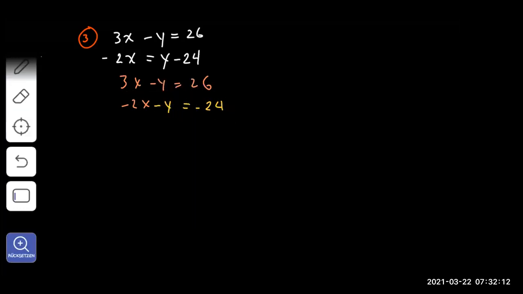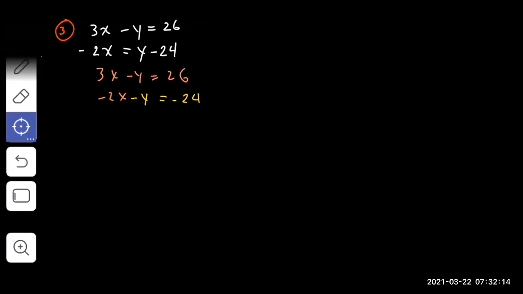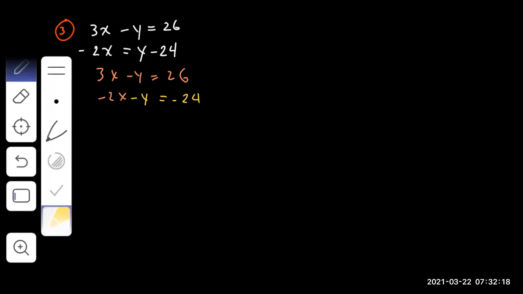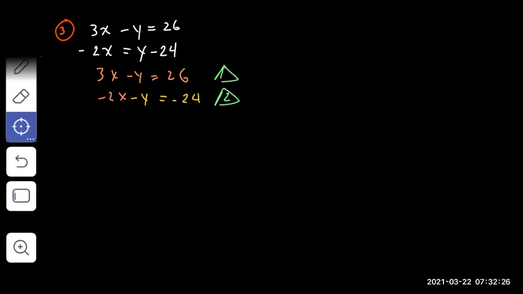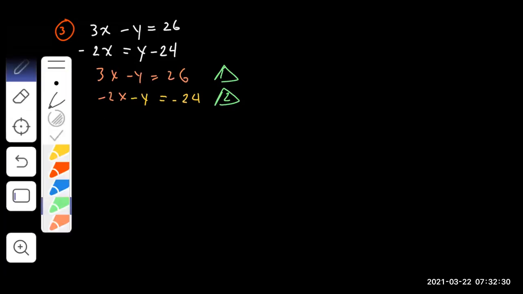Guys, this is not going to be as easy as the first one, but we can do it. Okay, let's have a look at the first and second equation. Let's say that this is my first equation and this is my second equation. Then which variable will you eliminate? X or Y? And why?